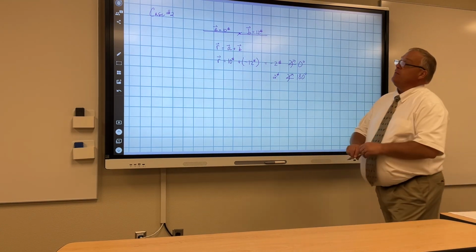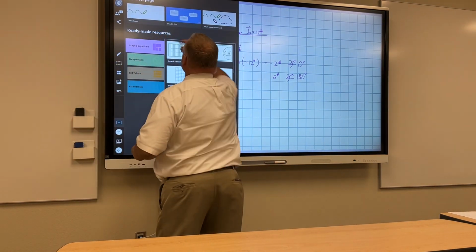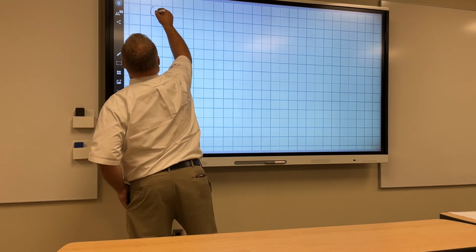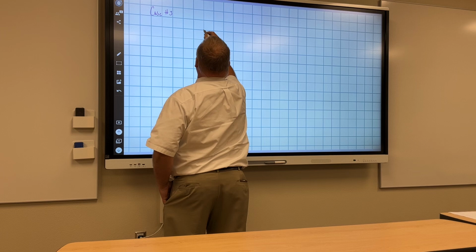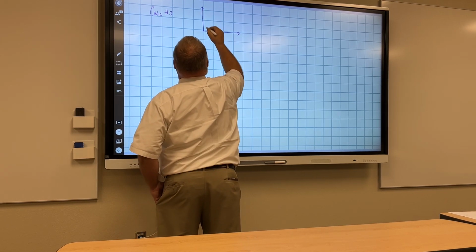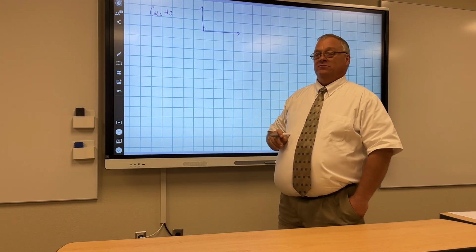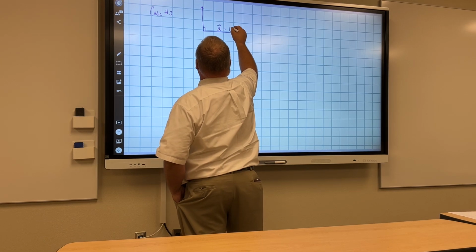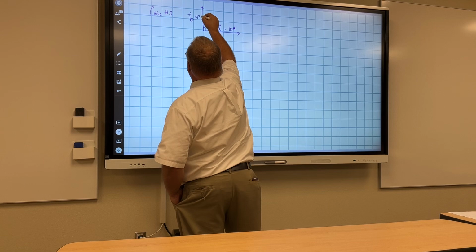Now, let's move to case number 3. In case number 3, we have two vectors that have a 90-degree angle between them. Vector A is 10 pounds. Vector B is 12 pounds.